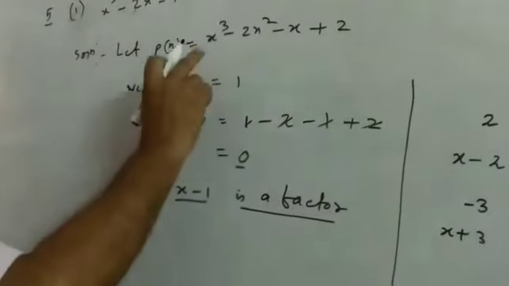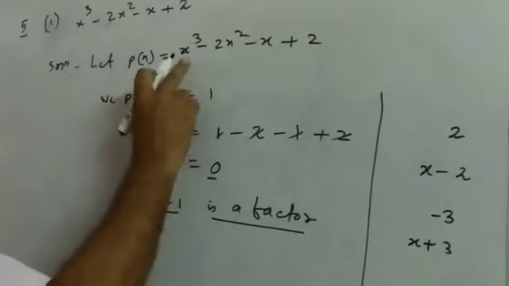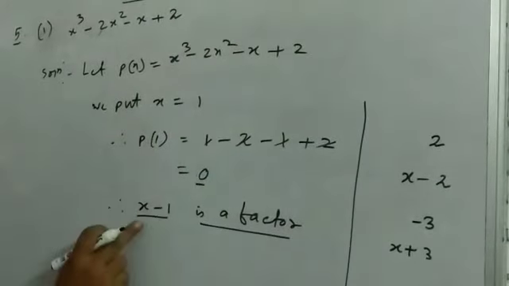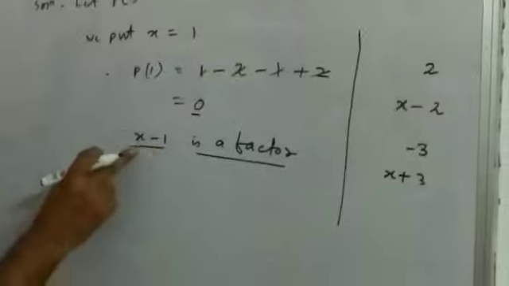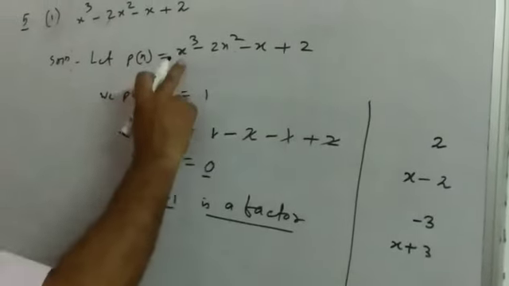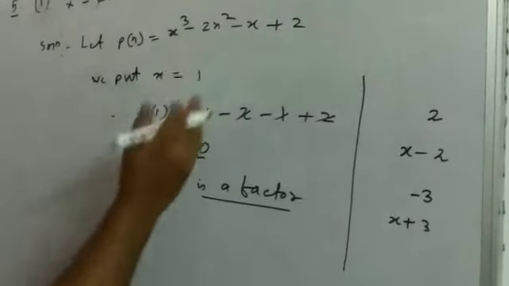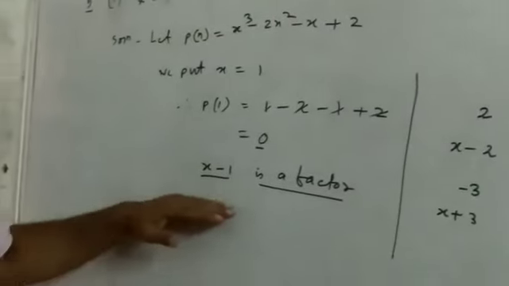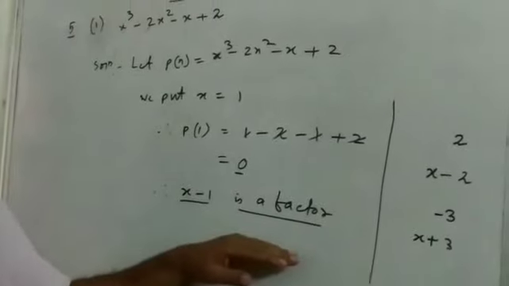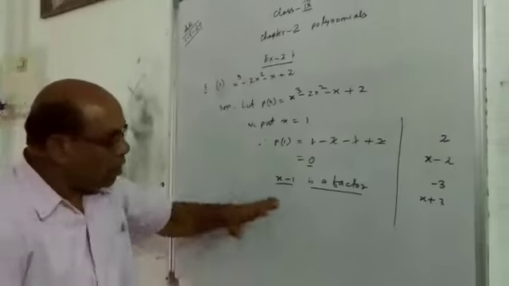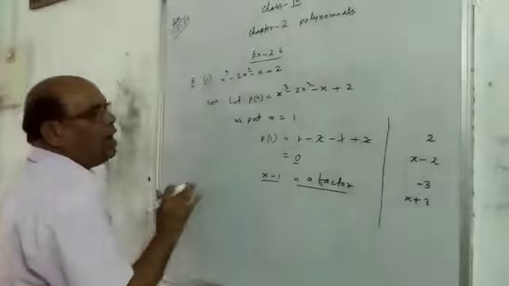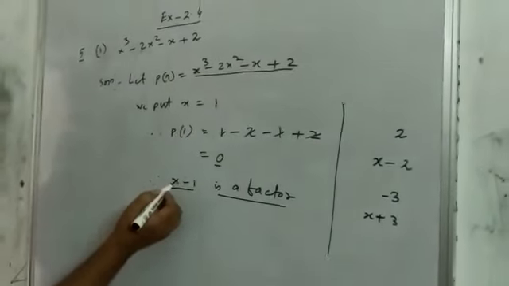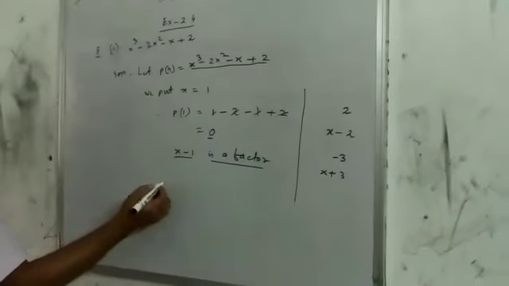Means if we factorize it, we will get 3 linear factors. Out of 3 linear factors, we got 1 linear factor, x minus 1. 2 more factors we will find, and this we will factorize by the long division method. This will be easy. So okay, one factor we got. Now we will divide this polynomial by this factor x minus 1 by the long division method.